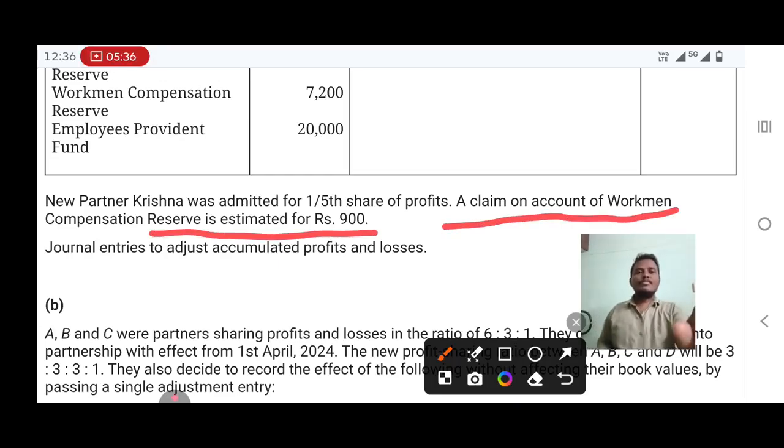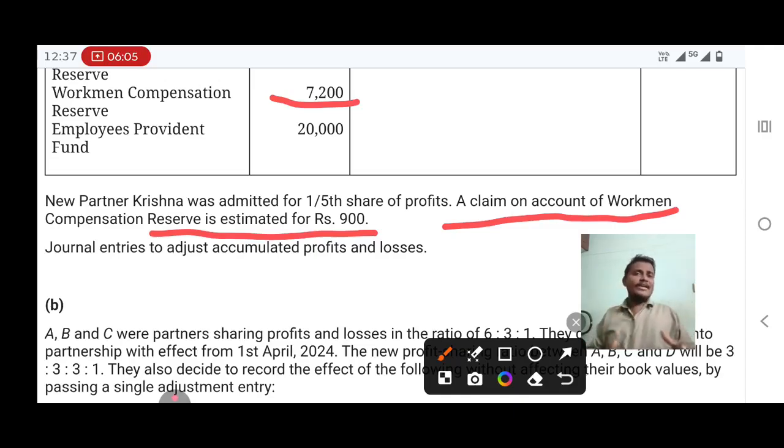So this claim we will have to take from the reserve and give to the claimant. Assume the 7,200 reserve is there and a claim of 900 rupees has come to you. You take that 900 rupees from the reserve and give it to the person who claims.